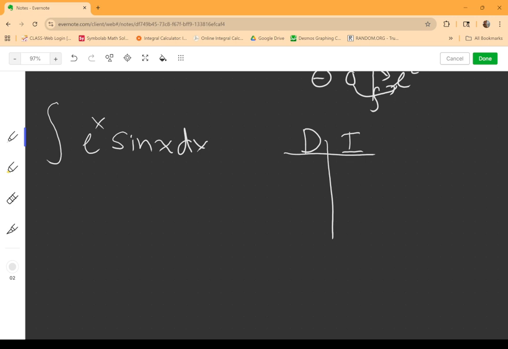So here's what I'm going to do. When I know that I'm going to get something that's either the same or repeats, I'm going to put them here. It's really not going to matter. I'm going to do these one step at a time. So differentiate, easy here: cosine of x. Do this one more time: negative sine of x.